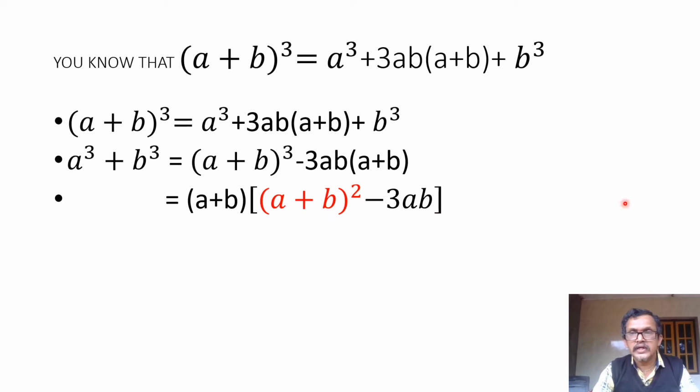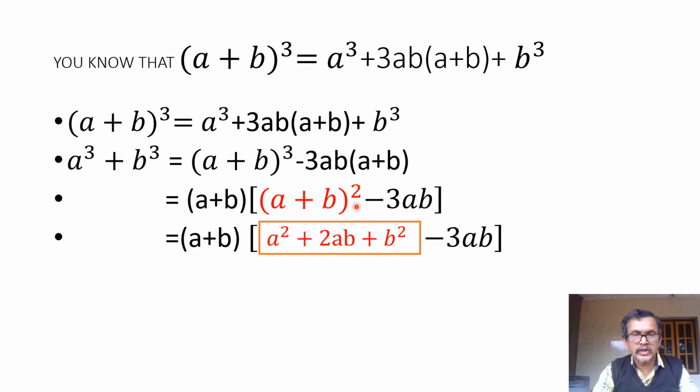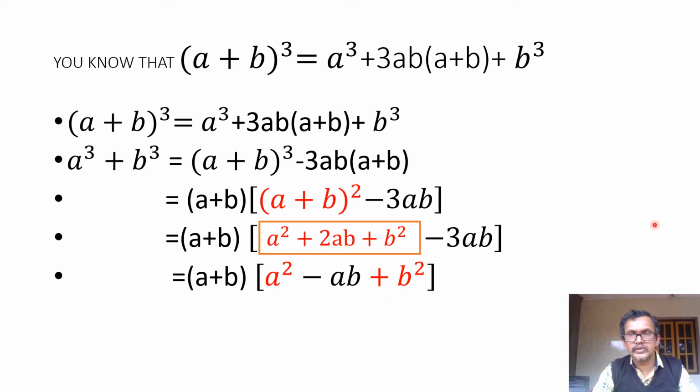Now expand a plus b whole squared, which is a squared plus 2ab plus b squared, minus 3ab. Here a squared plus 2ab minus 3ab gives a squared minus ab plus b squared. Therefore a cube plus b cube equals a plus b into a squared minus ab plus b squared.